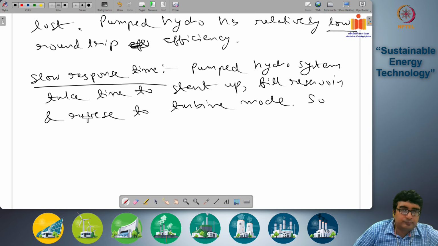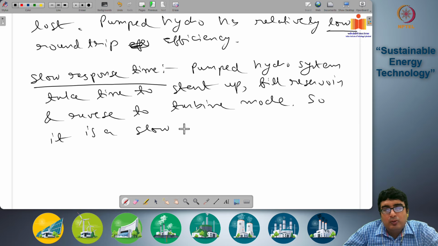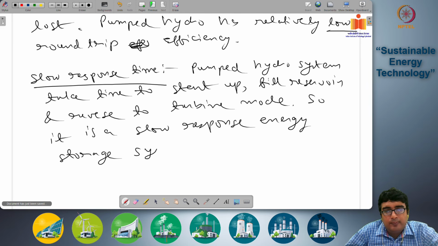So it is a slow response energy storage system, of the order of half a day, etc.